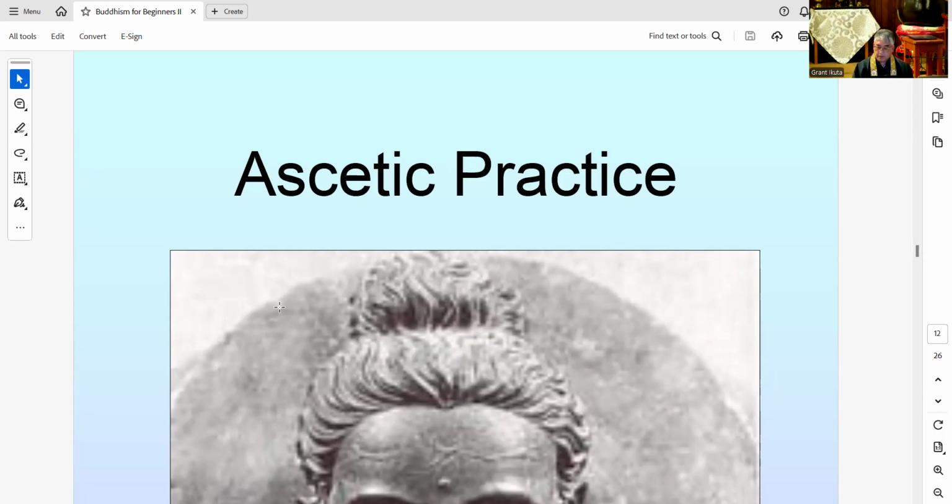But to make sure that he was okay, the king actually selects 5 young men from the kingdom, 5 of the best young men, and he sends them out to join Siddhartha to do these practices. So in the Buddhist story, it talks about Siddhartha doing these ascetic practices with 5 mendicants, but they were actually sent out by the king to sort of keep an eye out for him, if you will.